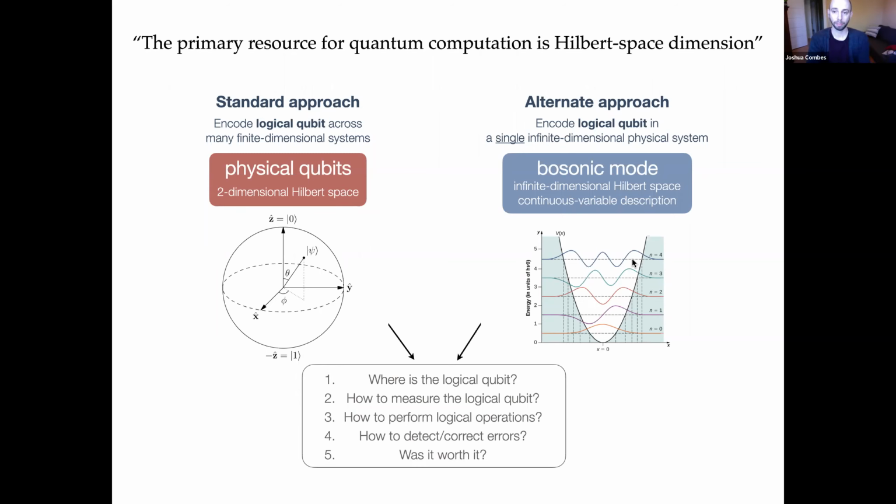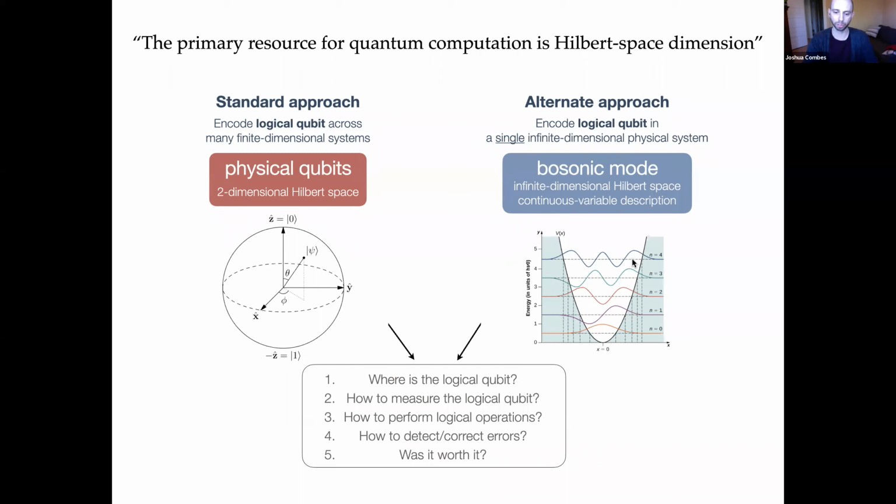The important thing to note is that it doesn't matter which way you construct your error correcting code, you have to answer a number of questions which are listed down here. How do I encode it? How do I manipulate my information? And finally, how do I correct the errors?